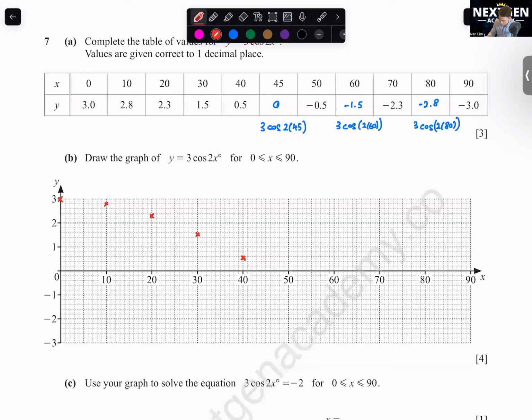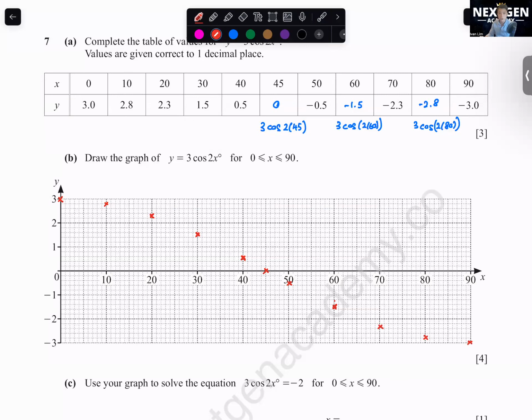So 45 is 0, 50 is negative 0.5, 60 is negative 1.5, then negative 2.3. 80 is how much? Negative 2.8.